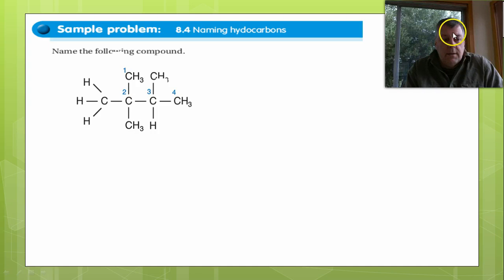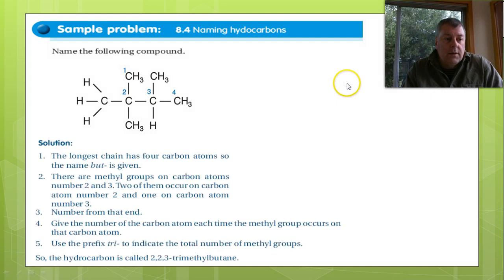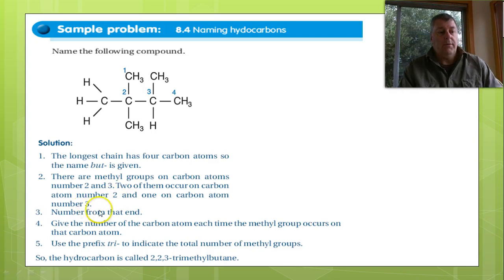Let's get rid of that. So if we do this, okay, the longest chain has 4 carbons in it. That's where we get a but from. There are methyl groups on carbons 2 and 3. 2 of them occur on carbon 2 and 1 on carbon 3. So we number from that end, the end that has the most, and we give the number of the carbon atom each time the methyl group occurs in the name.